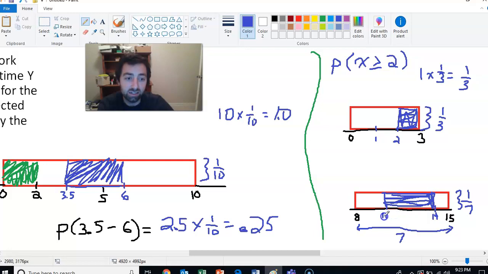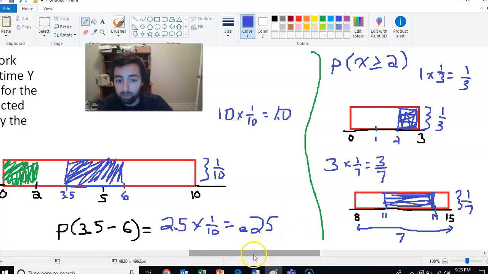That distance is 12, 13, 14, so it's going to be 3. I went over 3 units, so that's its length, times the height, which is 1 over 7. So the probability that this variable, whatever it is, I'm being very vague just so that I can make a general point, will take on a value between 11 and 14 is a 3 out of 7 chance, or a little bit less than a 50% chance.